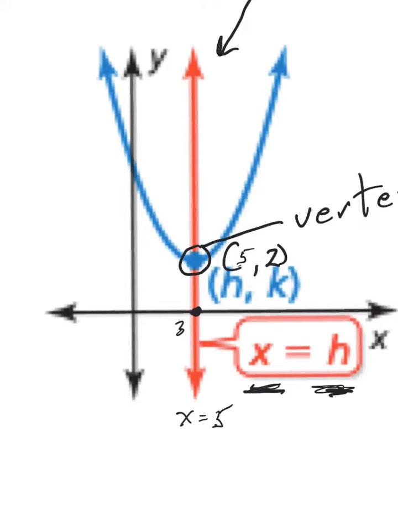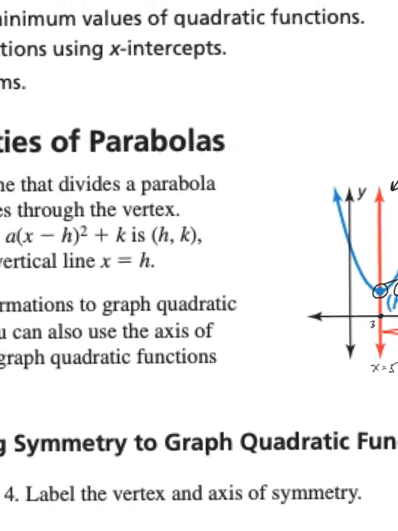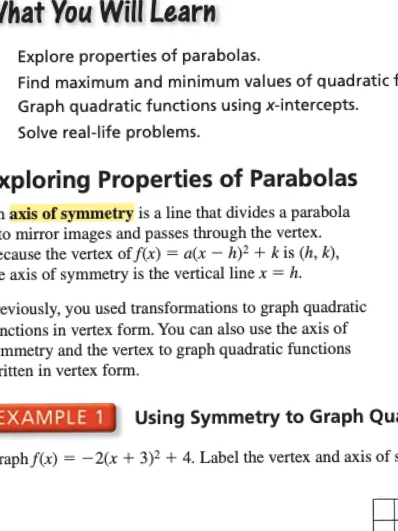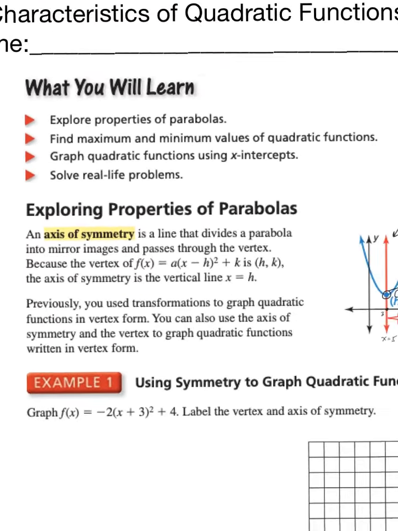So whatever the x value is of the vertex is also the value that we associate with the axis of symmetry. So we're going to see all these things a little bit later. So if they're not totally clear to you right now, we'll see. They should hopefully be in a bit.